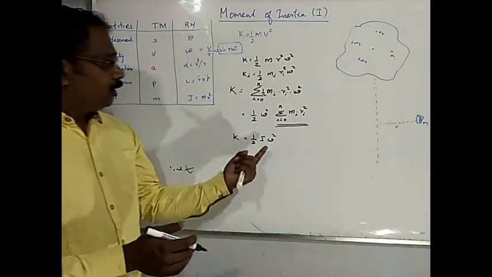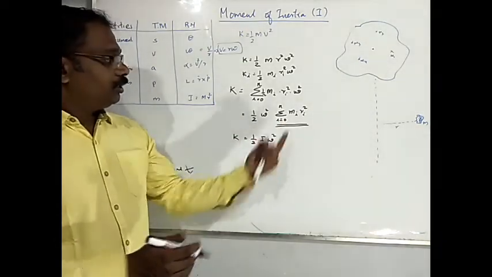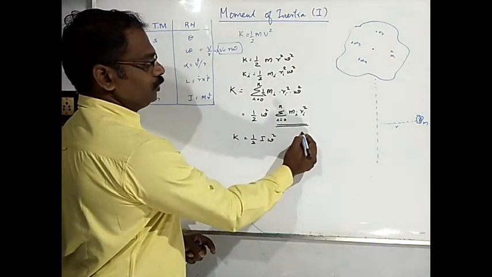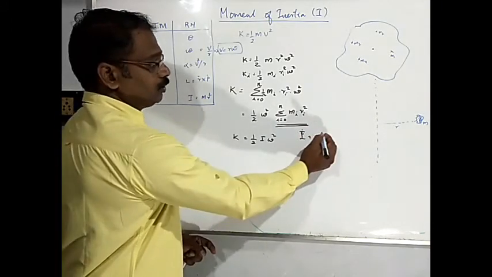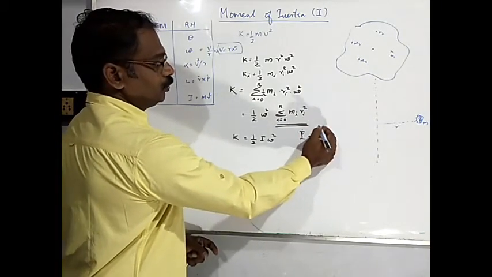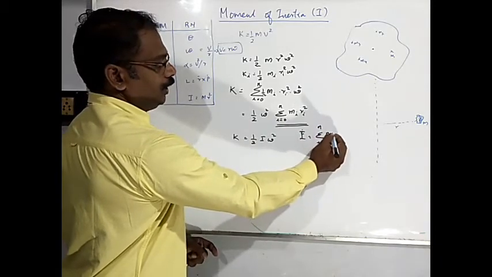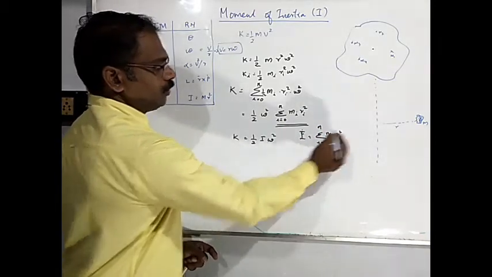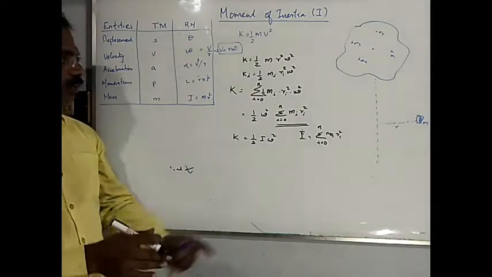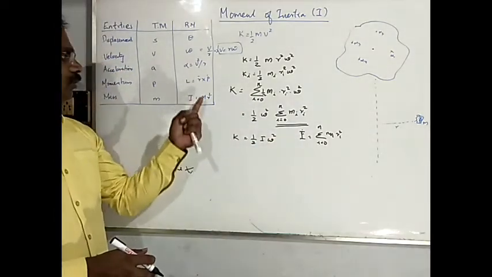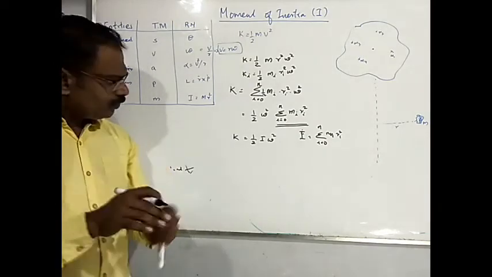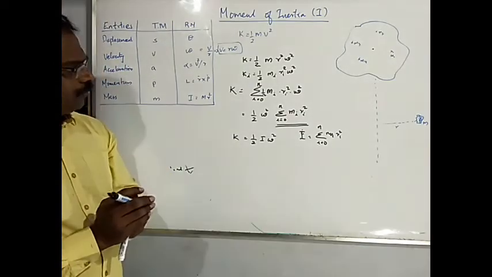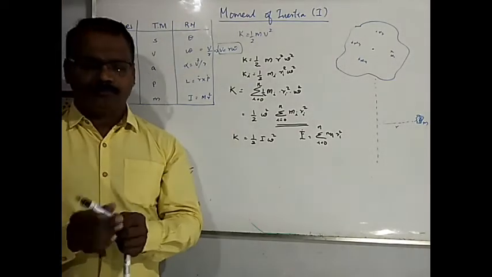Here capital I, the moment of inertia, equals the summation of i equal to 0 to n of m i r i square. In general we can write this as m r square. You understand?